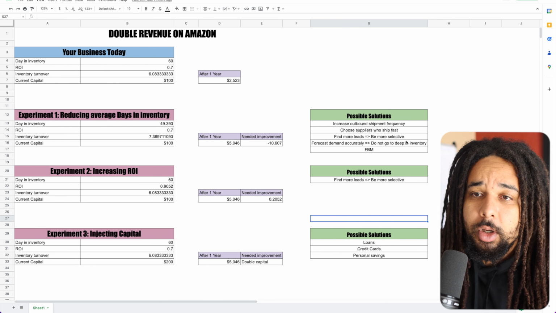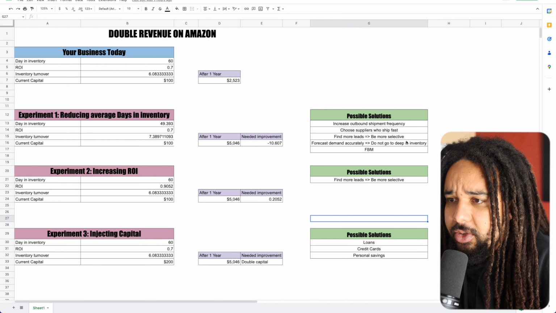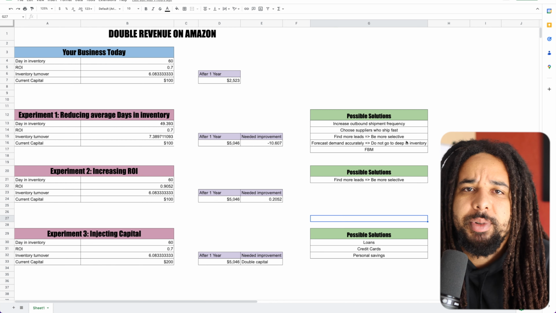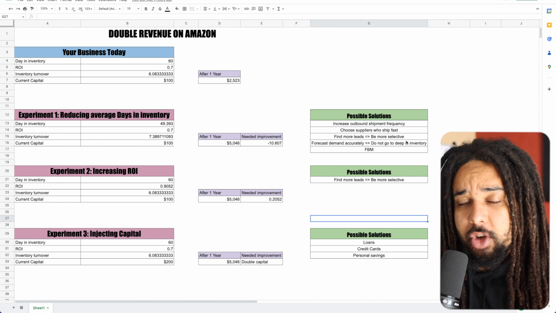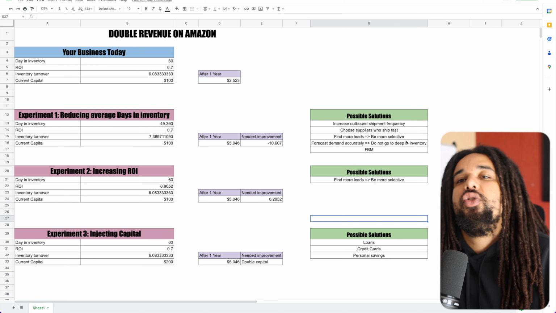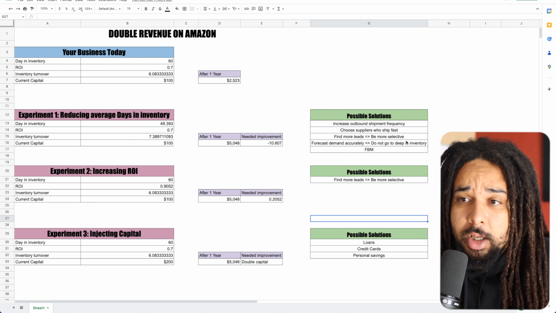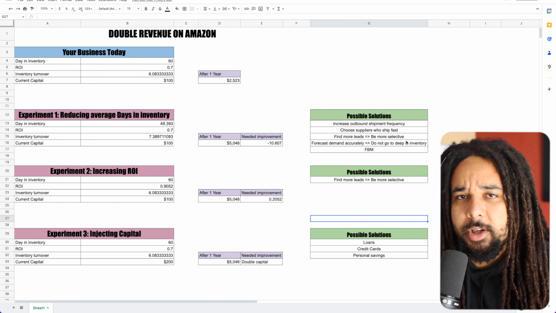So do not buy 3 months worth of inventory for a product if you want your average days in inventory to be 30 days. It's common sense. If you buy too much, it's going to take you way longer to sell it, and it's going to drag your days in inventory. It's going to make your average days in inventory bigger, right? So that's a couple of things you can do.